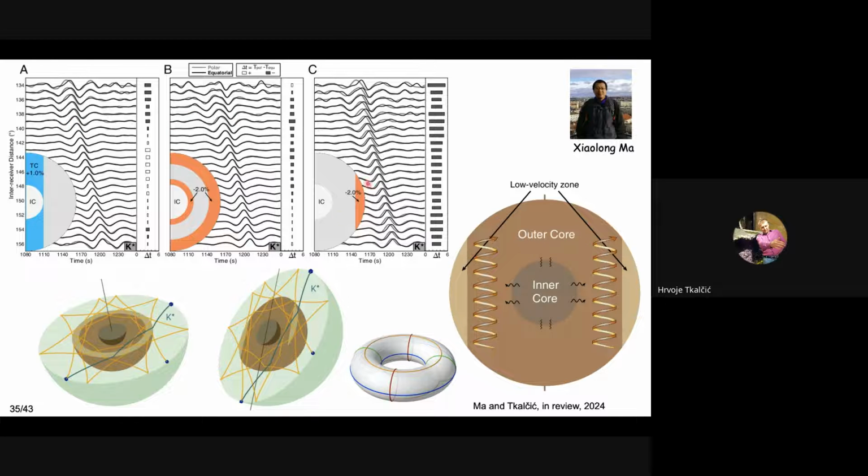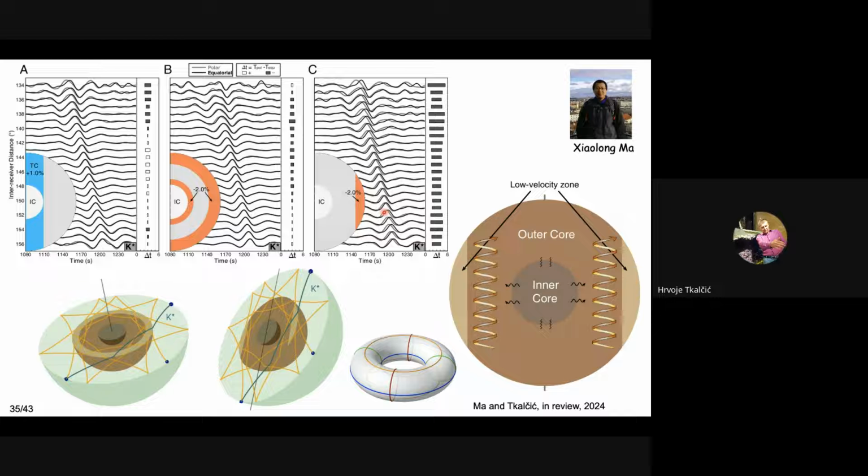Only when you have a structure that looks like this, which in mathematics is called a torus. So when you have a torus shape, or equatorial sort of belt, in the liquid outer core with a low velocity zone, you can explain this first order observation in a global coda-correlation.